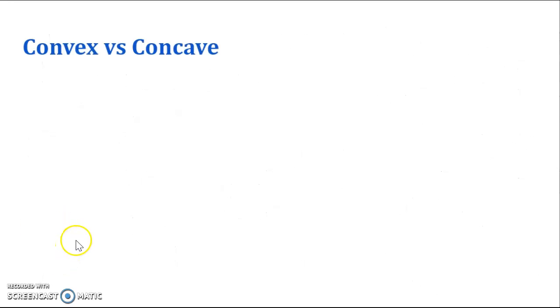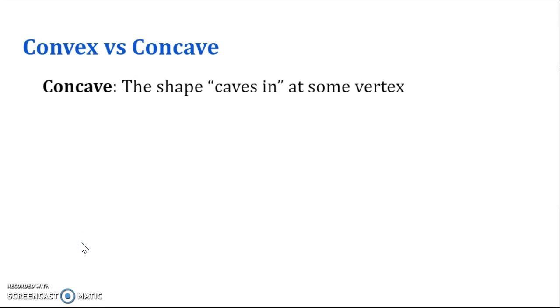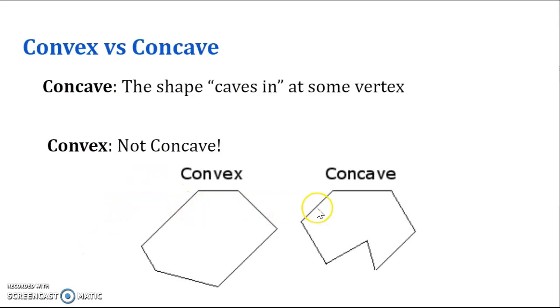Okay, convex versus concave. When we're classifying polygons, we can classify them as convex or concave. As the name would suggest, in a concave polygon the shape caves in at some vertex, while a convex polygon is something that is not concave. So an example of concave is this one. Do you see how the shape caves in right here, into the inside?